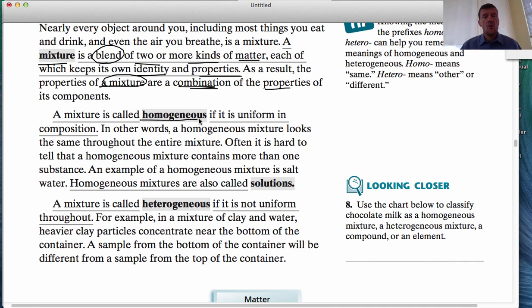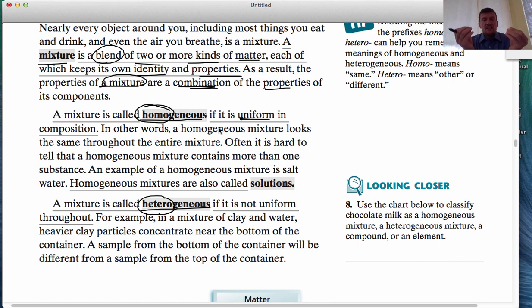It could be homogeneous. If you look at that prefix, that's simply going to mean the same. And heterogeneous, if you look at that prefix, it's going to mean different. So homogeneous, it is uniform. It is the same throughout. It doesn't change. It doesn't matter if you grab a sample of the mixture from this place or a sample of mixture from this place. You're going to have identical samples.